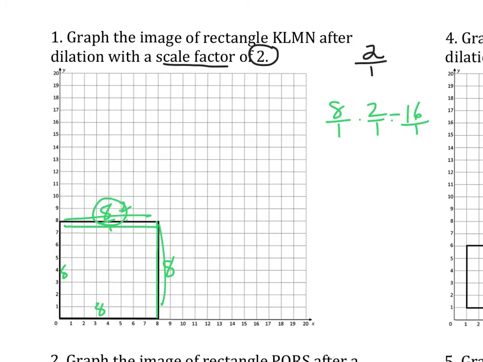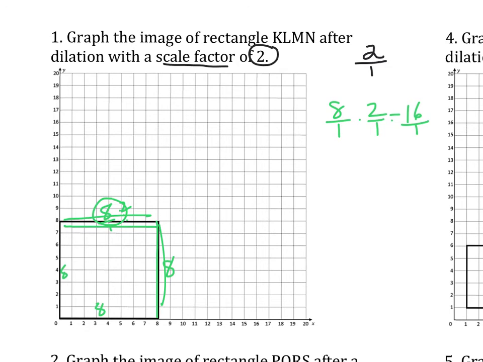So basically, we just have to redraw that. So let's just start. Let's start right here at 10 and count over 8, and then another 8 over to 16. And I don't think that's going to be tall enough. Let me do something here.